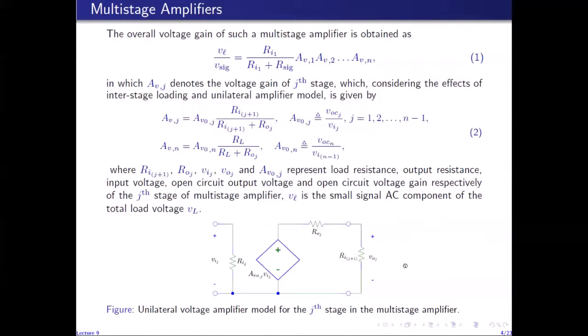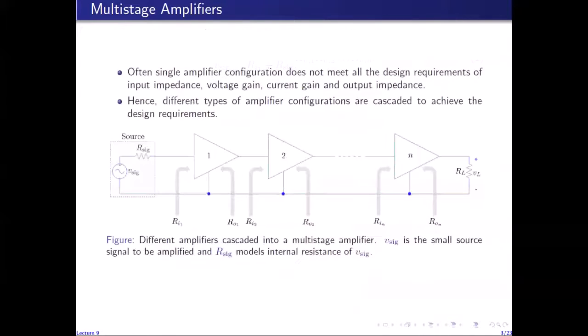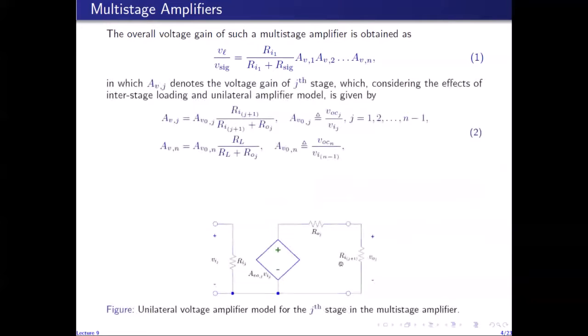That stage acts as the load, so the input of the second stage acts as the load to the first stage. Similarly, the input of the third stage acts as the load to the second stage. So the input resistance of the J plus first stage acts as the load resistor to the jth stage. So Rij plus 1 is connected as the load resistor to the jth stage.